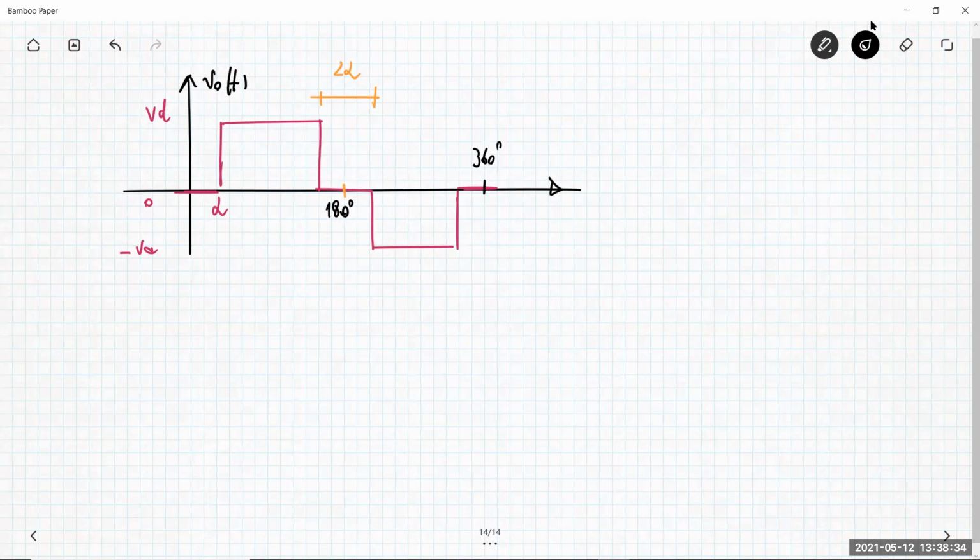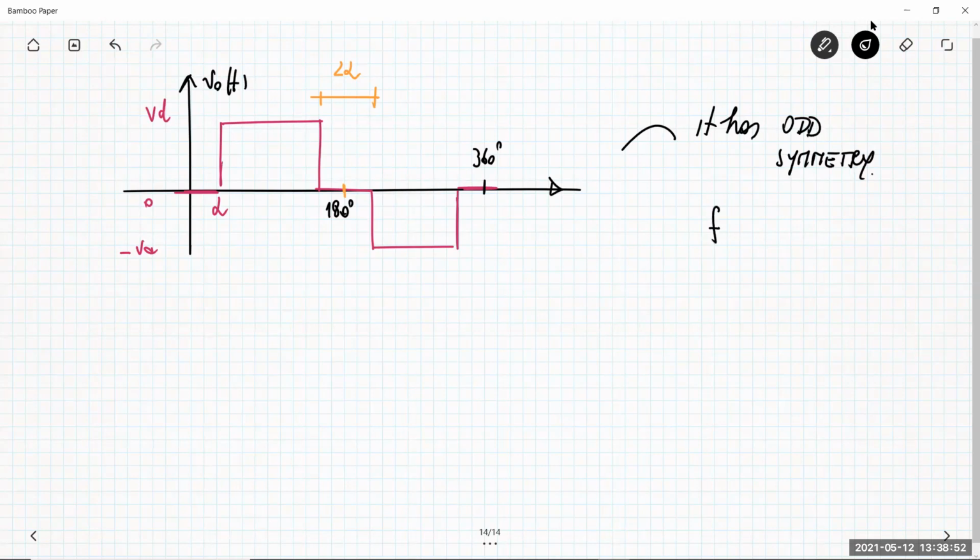If you look at this waveform, you can recognize that it has odd symmetry. Odd symmetry means that for a function f(t), f of negative t is negative f of t. And this happens in this waveform.